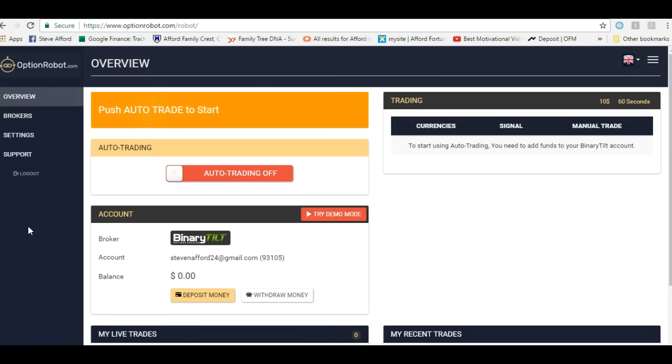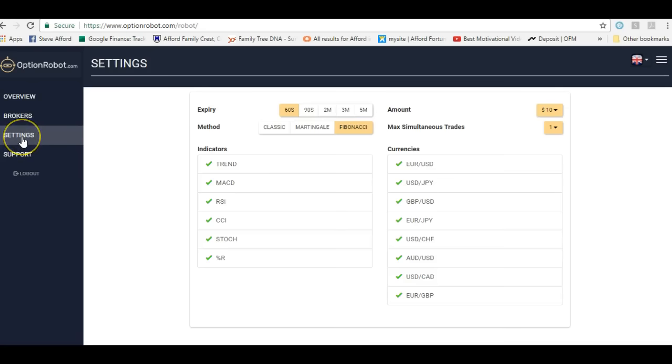If that signal is delayed or interfered with from Option Robot to you, and from you to Option Robot and to the broker, everything can be disharmonized, and problems could be caused in that regard.